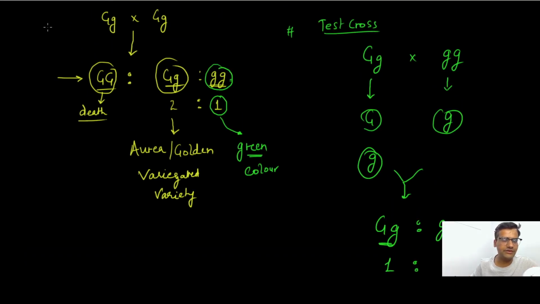So this is the basic concept of lethal gene. This concept of lethal gene can basically occur in three forms. If this lethality occurs in an early stage of life, like the embryonic stage, that kind of lethality is basically what we call absolute lethality.